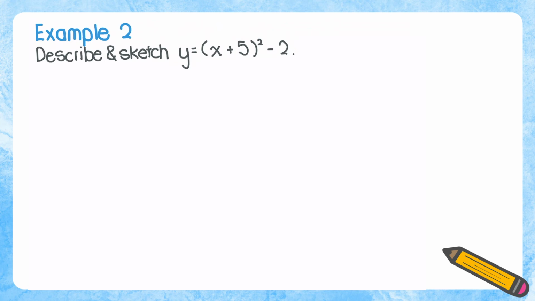So what are the effects of h and k here? I write out the generic form right here, y equals (x minus h) squared plus k, and I notice that it's not a complete match. So let's rewrite this function. Again, we're going to rewrite the function because it's not an exact match.